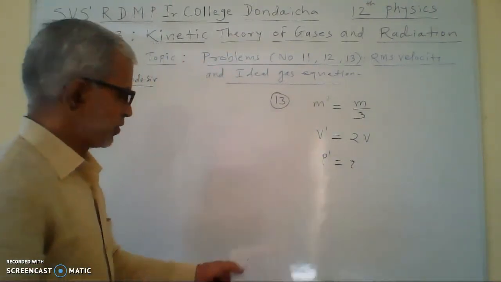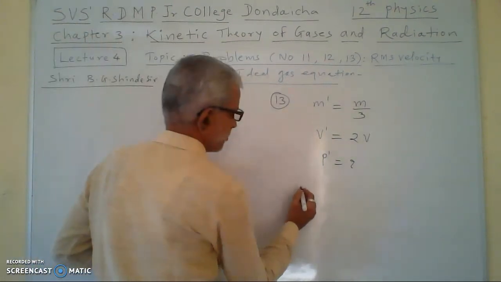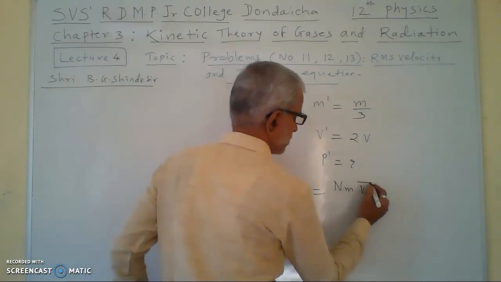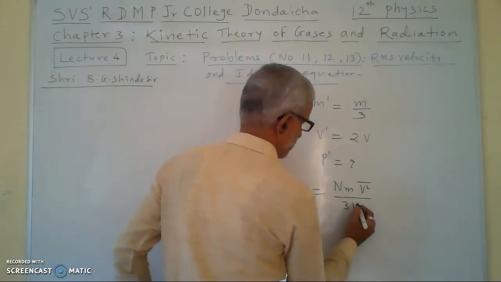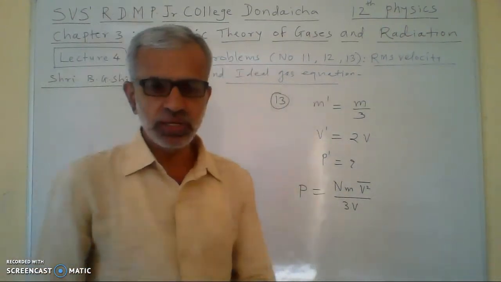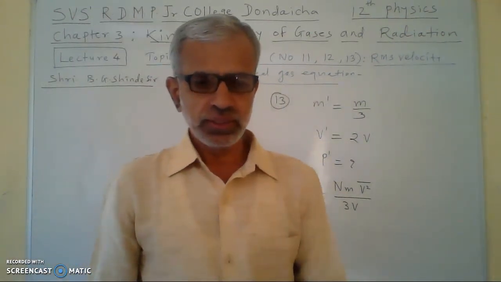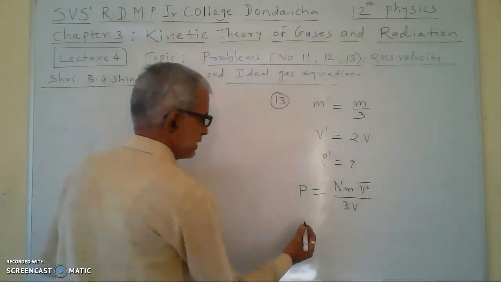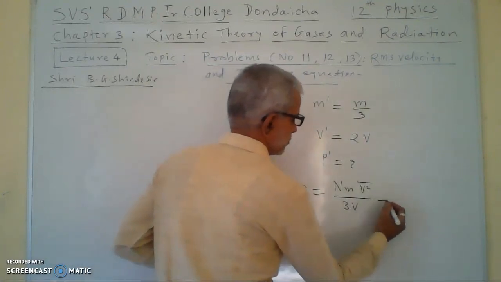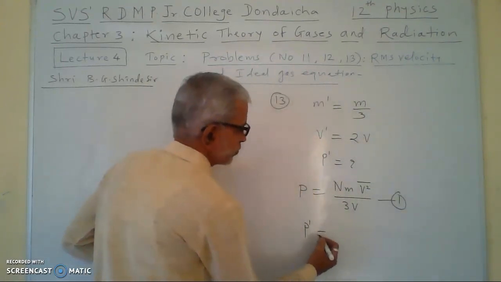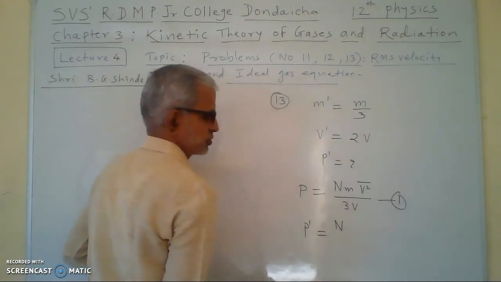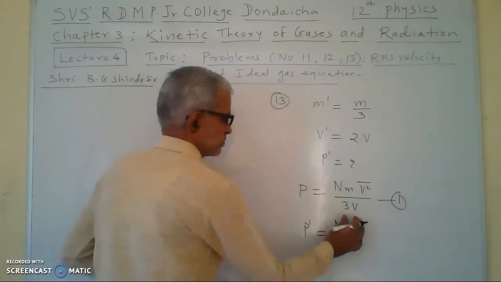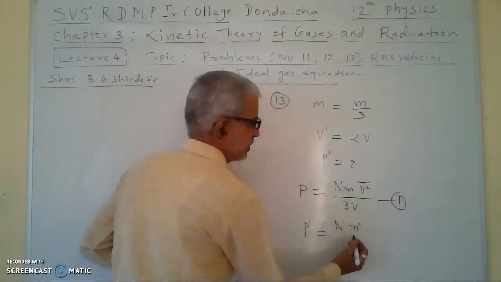So here we use the formula p equal to n m v square bar upon 3V. Let us use this formula and find the value of p dash. Say this is equation 1. P dash is equal to number of molecules, which will remain the same. The mass of the gas molecule will change, it will be m dash.